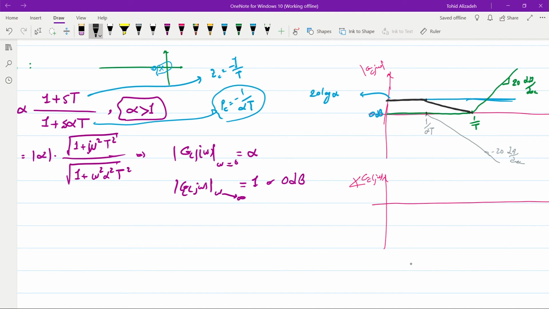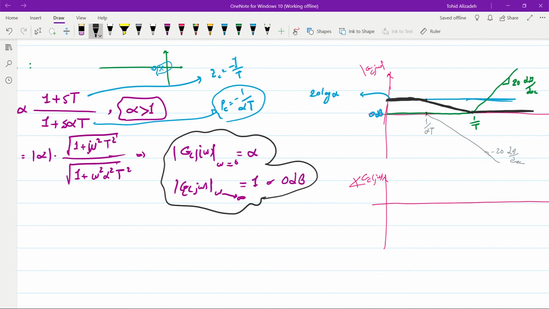And after that, we will have the effect of the 0, and as a result, the amplitude will have the slope of 0 dB per decade, and its value will remain as 0 dB or 1, because that's what we already know that we will have. So this will be the amplitude plot for this compensator with the transfer function that I have provided.